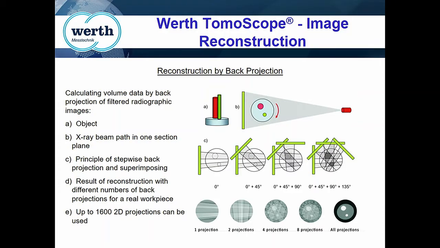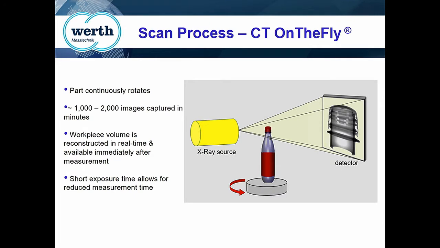So we are constantly rotating the part, and while we're doing that, we're taking between 1,000 and 2,000 images. Werth has parallel reconstruction, so while you're taking the images, we are overlaying them onto each other to get a total 3D view of your part. And something that Werth has patented is CT on the fly, so we never have to stop the rotary table.